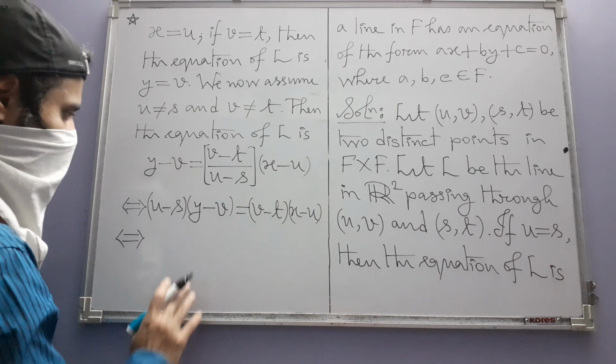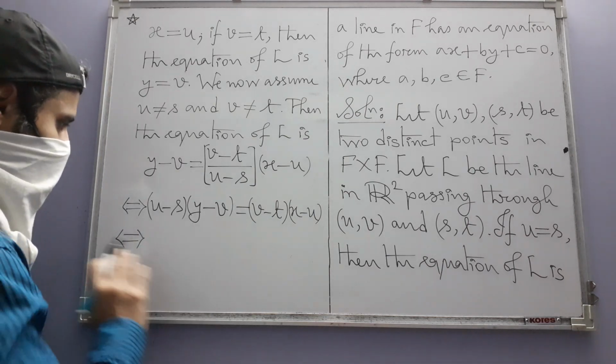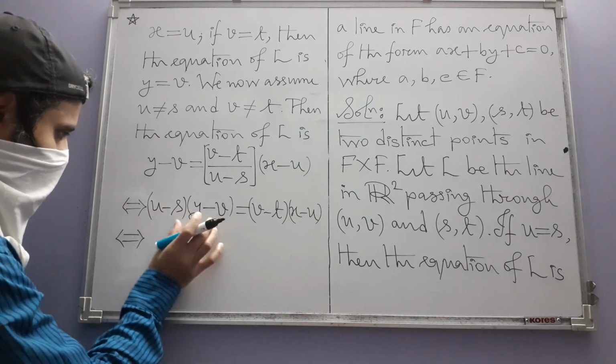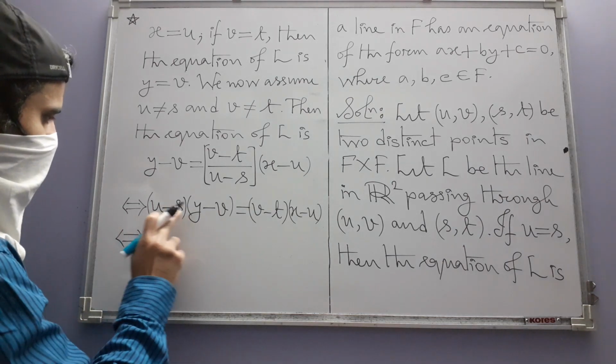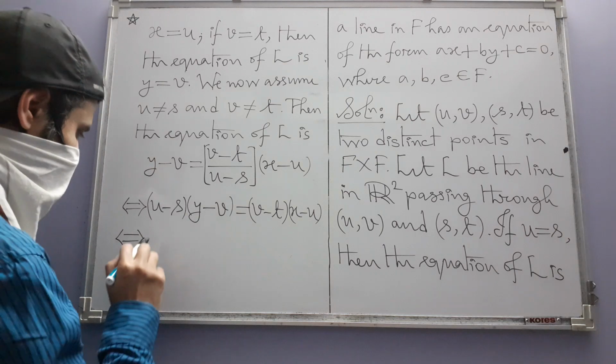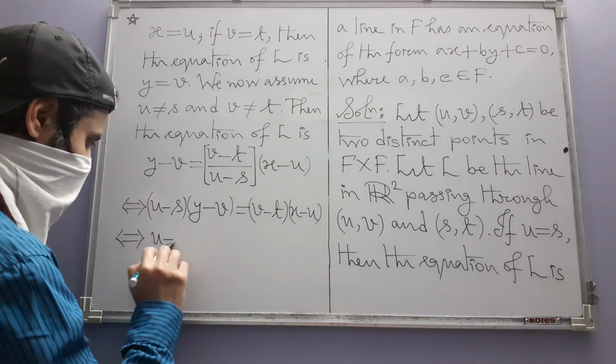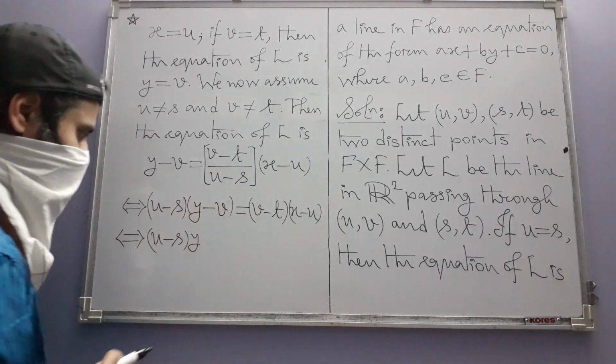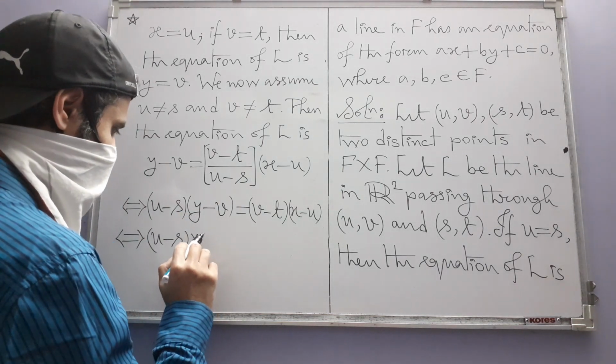So if we multiply things, not multiplying all the things out, but keeping this with y, we do not need to multiply u with y and also minus s with y. We just keep this, and with this of course we multiply. We do the multiplication.